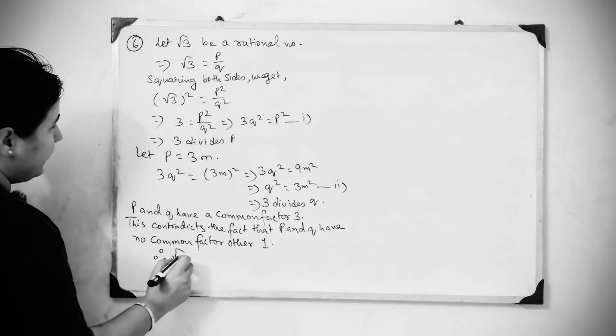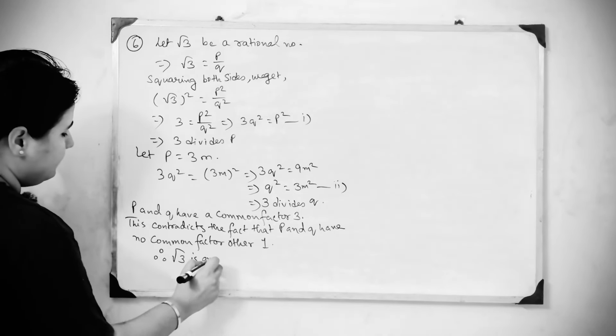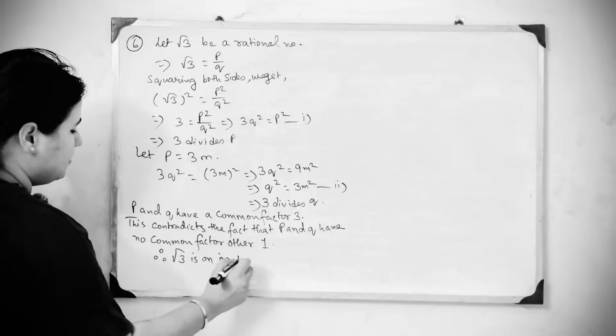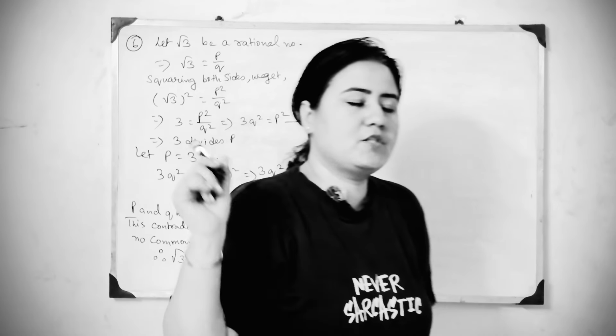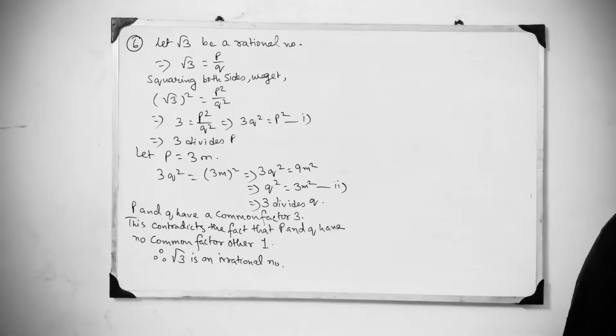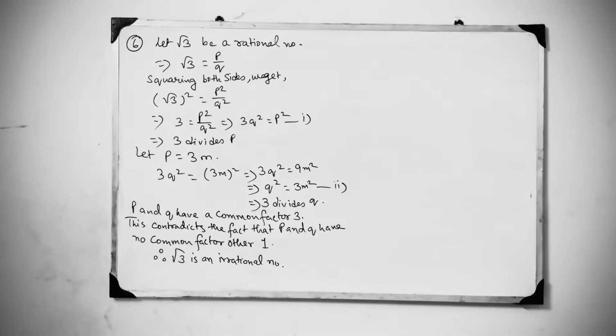Therefore, we can simply write root 3 is an irrational number. Now, this is just the first part of the sum. We will start on with the second part.